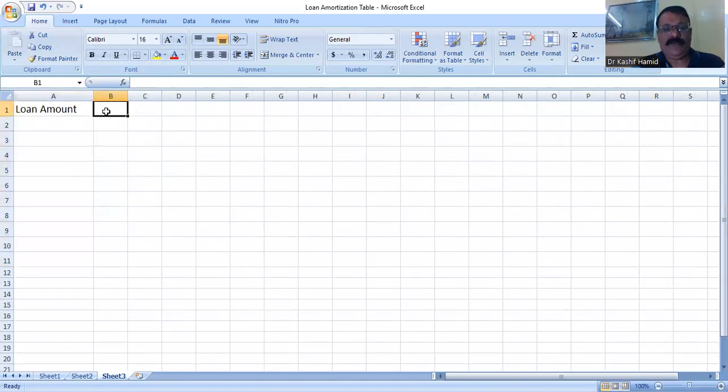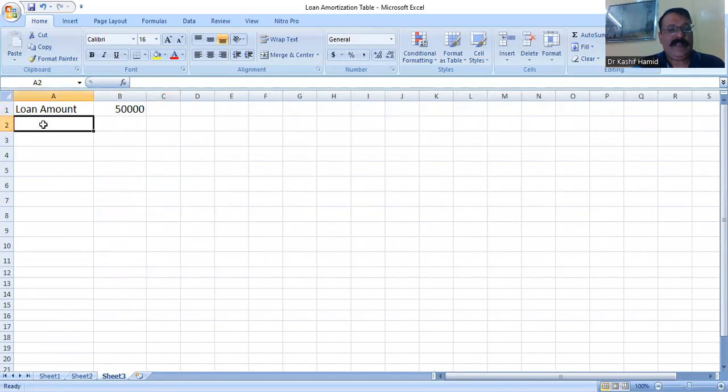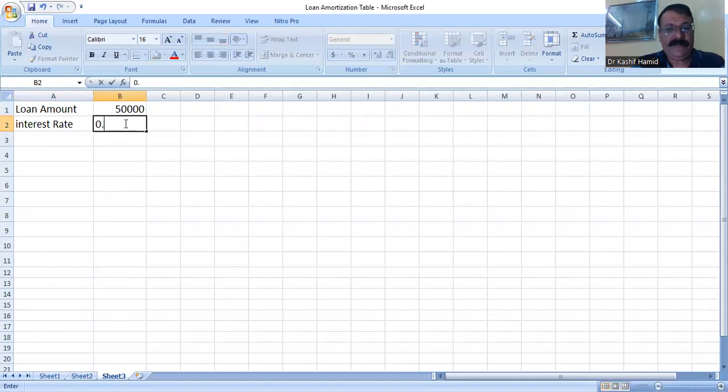We have today a loan amount of rupees 50,000, and the present interest rate is 10% per annum. The interest rate is an annual rate.